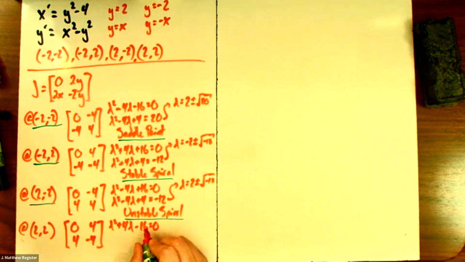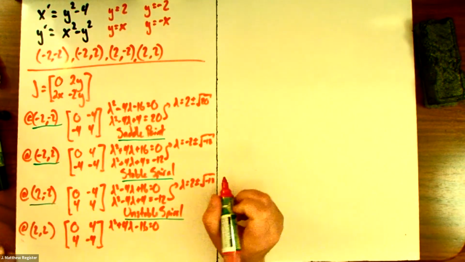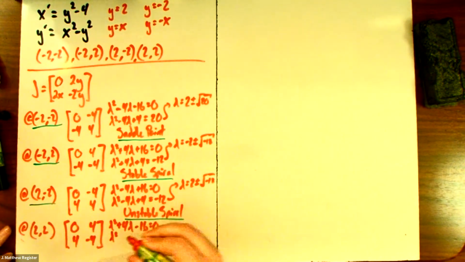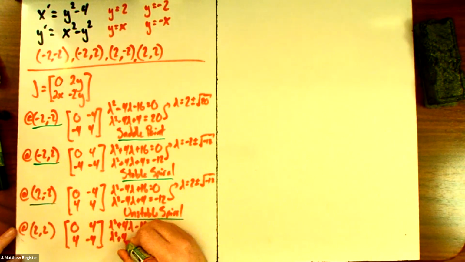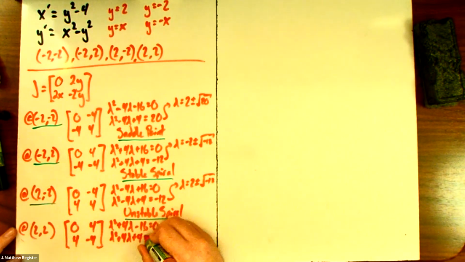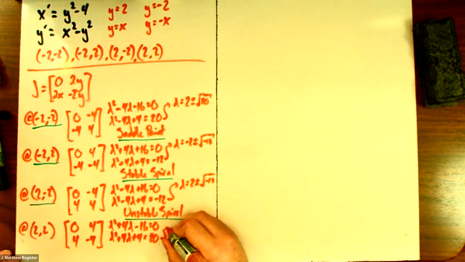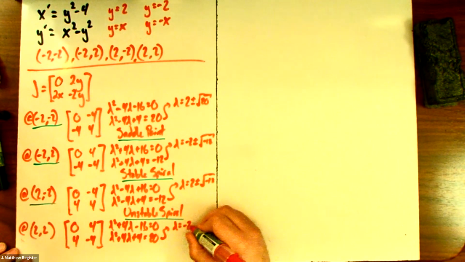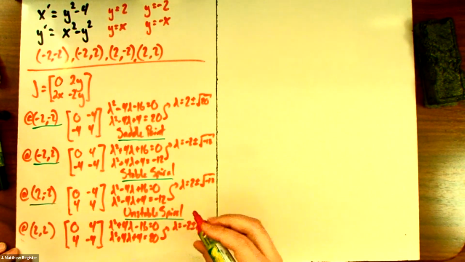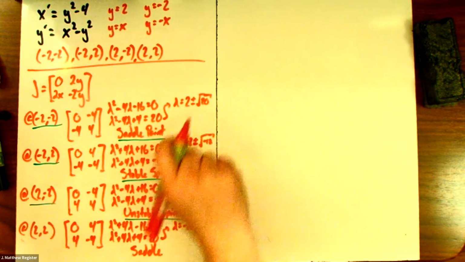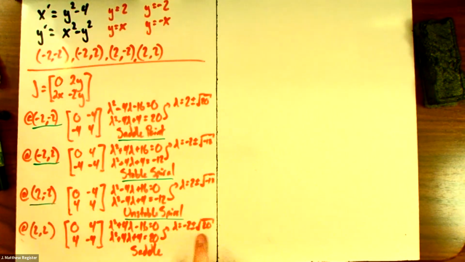Because it's a minus, we know that this is going to be a saddle point right off the bat. But if we want, we can calculate it real quick. It's lambda squared plus 4 lambda plus 4 equals 20. And so lambda is equal to negative 2 plus or minus the square root of 20, which is a saddle, much like the first one was, because the square root of 20 is more than 2.